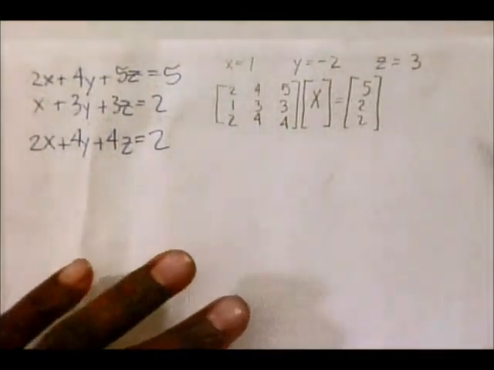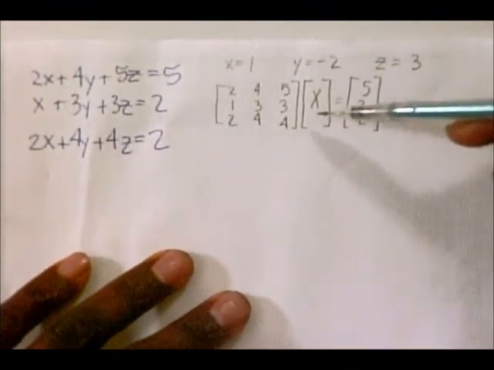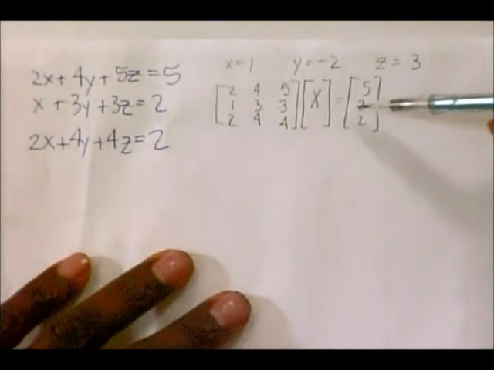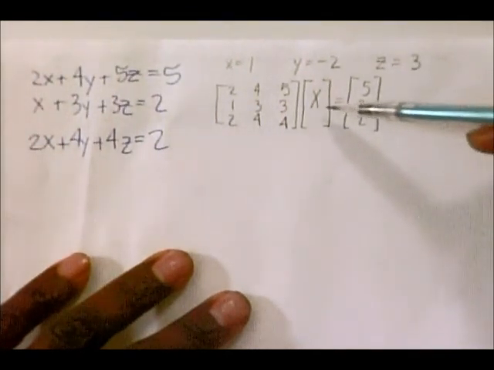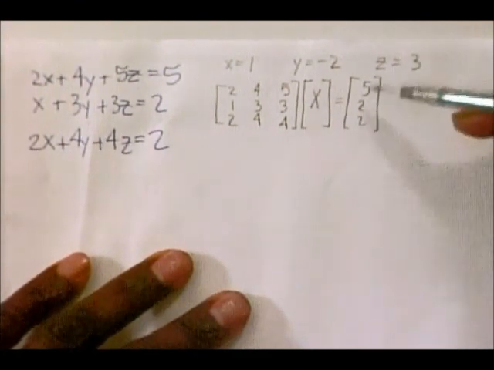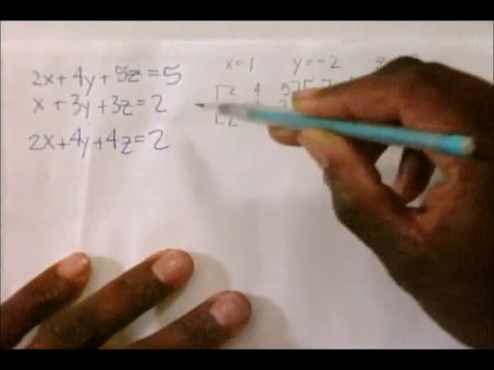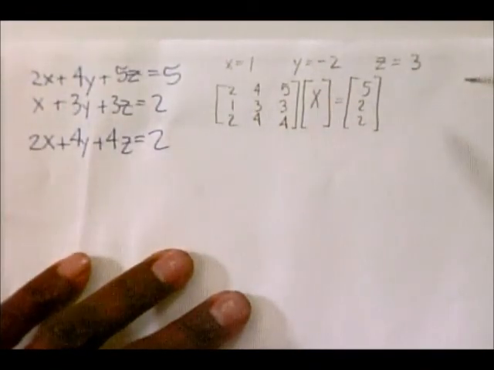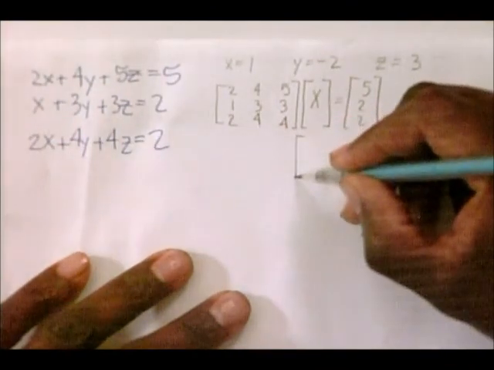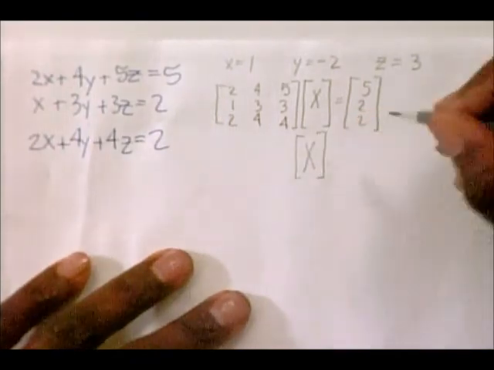If we multiply by the inverse on both sides, we'll end up with just x, and then we'll end up with multiplying the inverse, which would be a 3 by 3 matrix, to this 3 by 1 matrix. One of the things you have to know is, by rule, when you multiply by the inverse on both sides, on the right side you always have to put the inverse first.